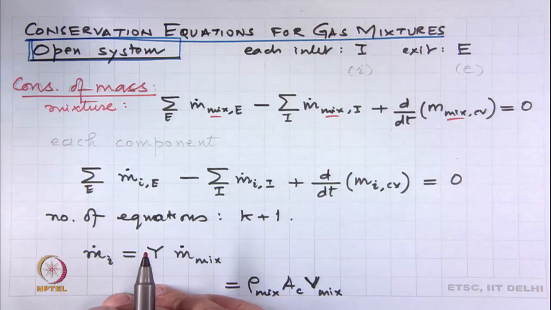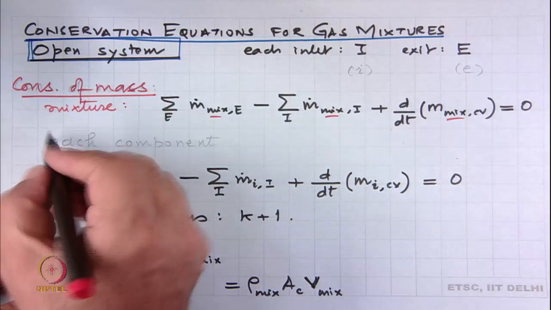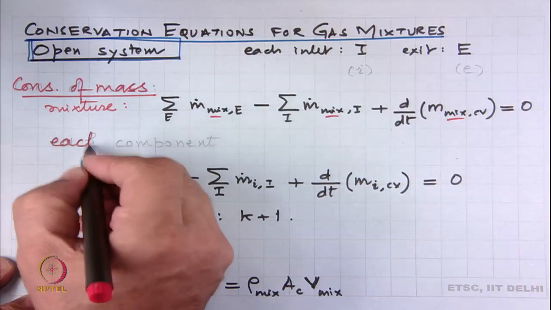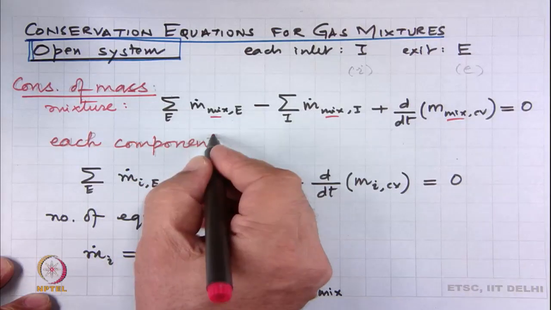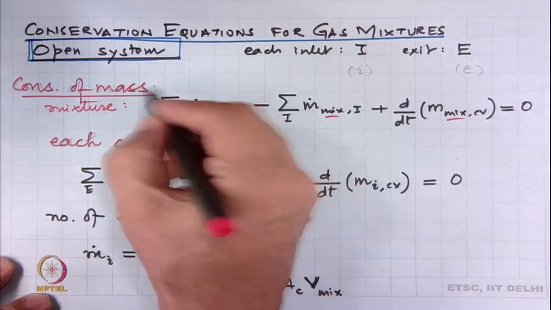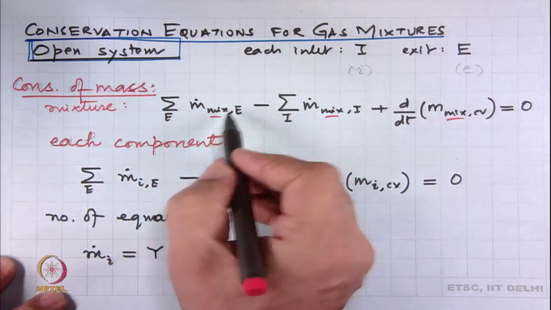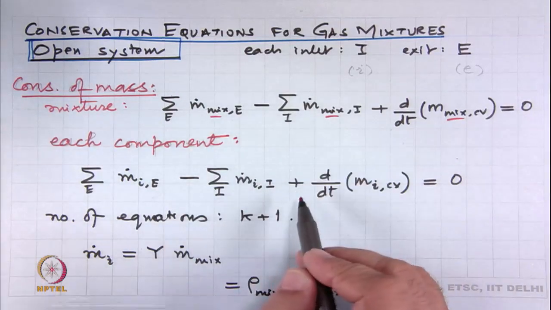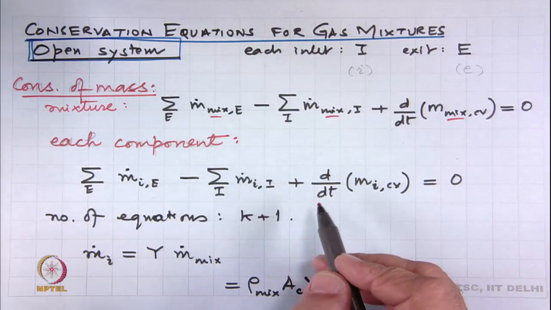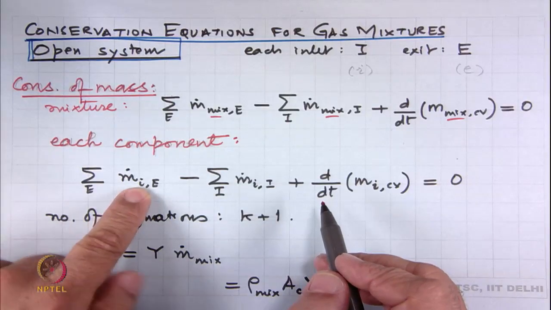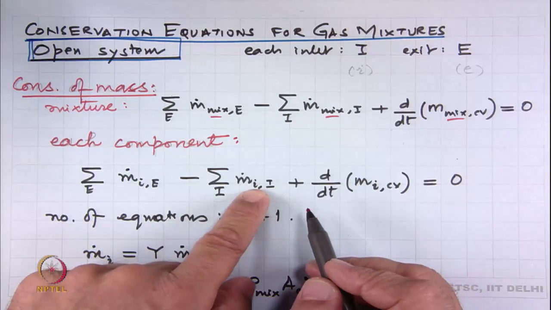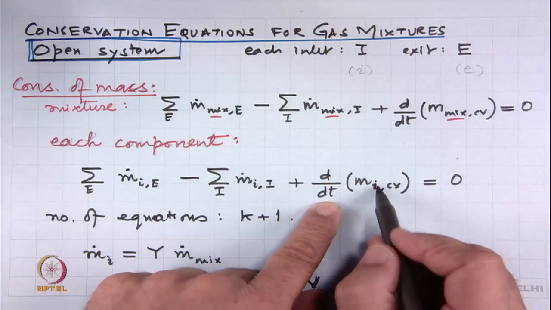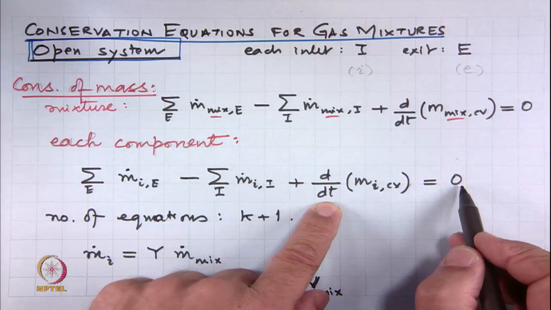But individually, each component also has to conserve its mass. So, we can write a conservation of mass equation for each component. And this time, instead of mix, we only write for the specific component i. So, outflow rate of ith component minus inflow rate of ith component plus rate of storage of ith component in the control volume is equal to 0.